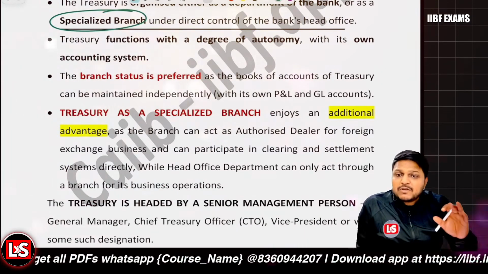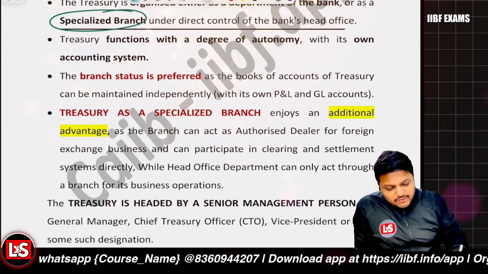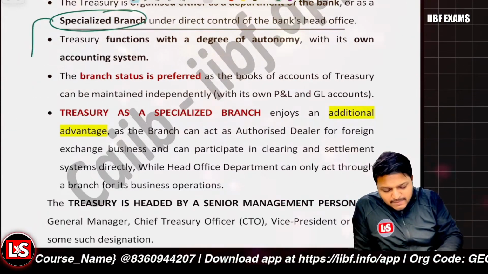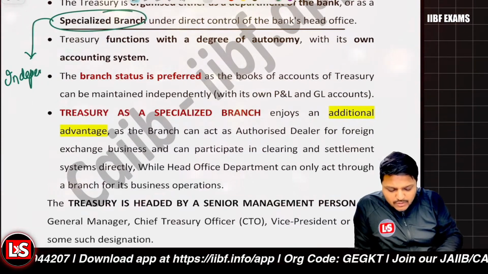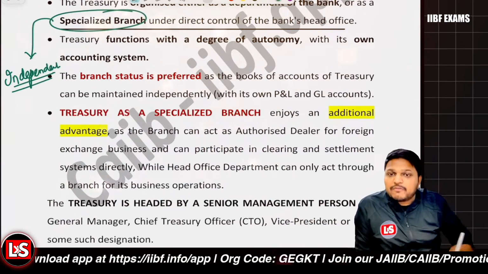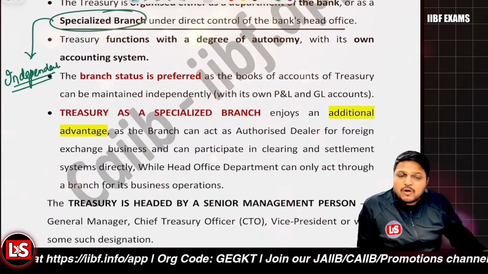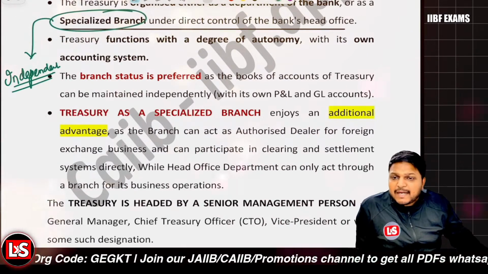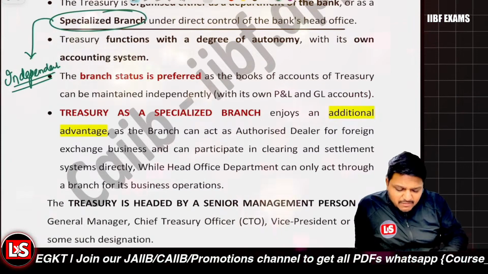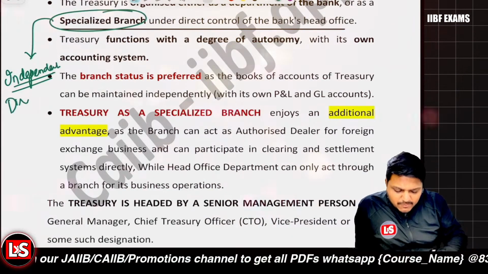Why? Because the independent accounting is there, first of all. So when the banks are following the specialized branch structure, there is independent accounting. So you are managing your own profit and loss account. You are having the general ledger accounts. And you can be participating in the market directly. So the direct participation.